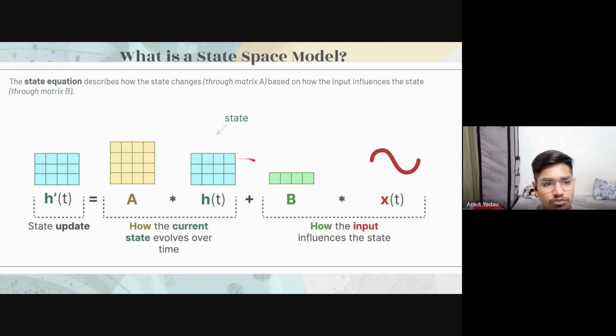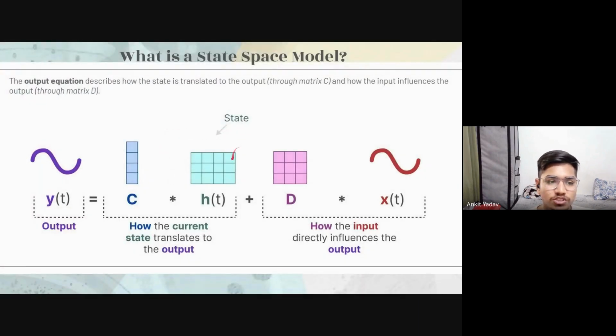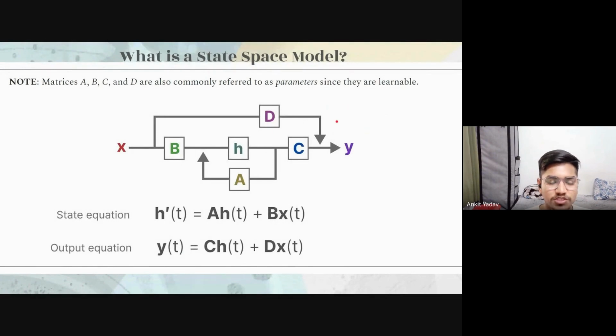This is one equation, and the other is the output equation. Now I have the new ht. Here it will be h dash t, but over time I'll change that. It still takes help of the input itself and produces some output yt. So these are the two equations, the state equation and the output equation, which completely justify how the state space model works.